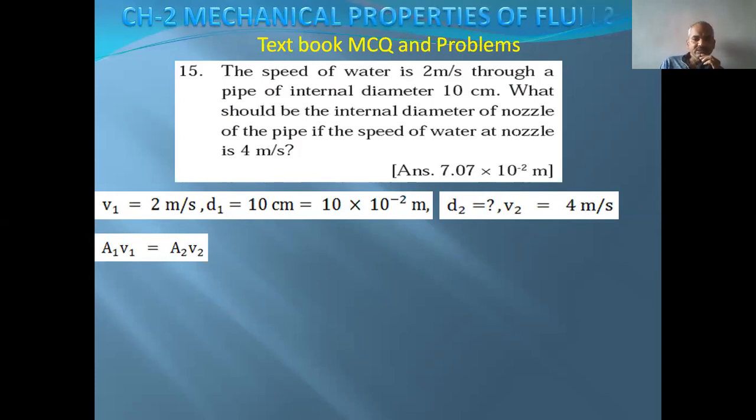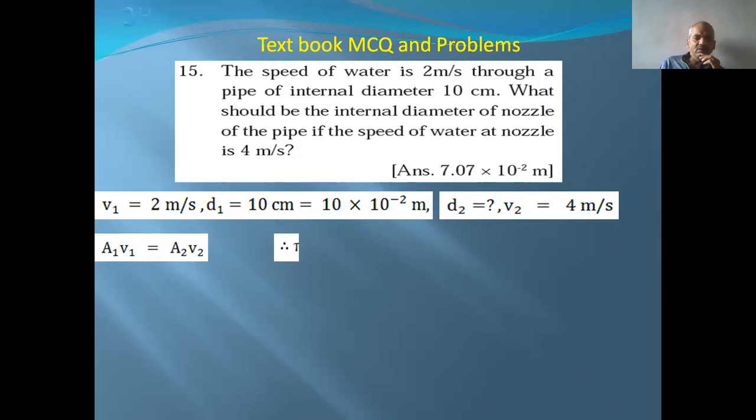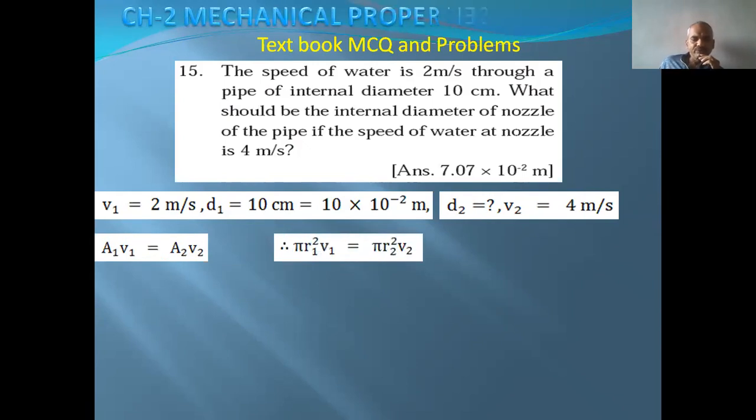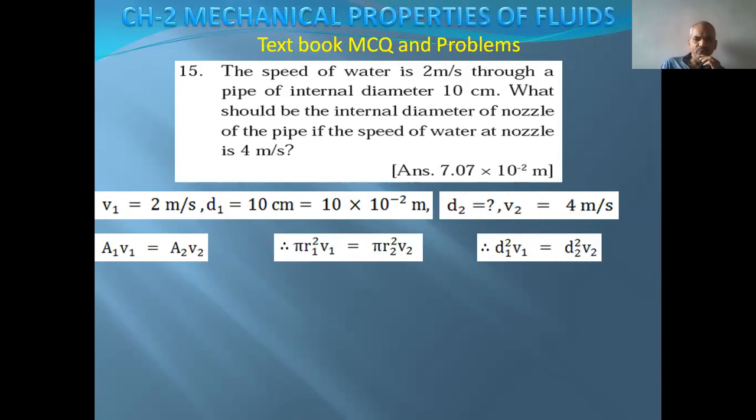From this relation, you can write the expression as pi r1 square into v1 is equal to pi r2 square into v2. A1 and A2 are the cross sectional areas, and the cross sectional area we write as area of the circle. Now in terms of diameter, the same relation, pi gets cancelled, d1 square v1 is equal to d2 square v2.